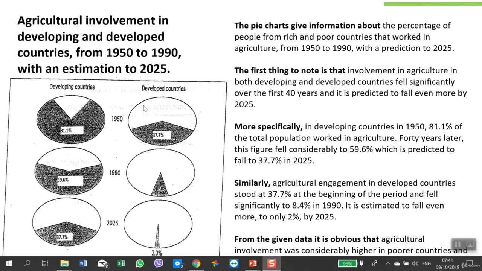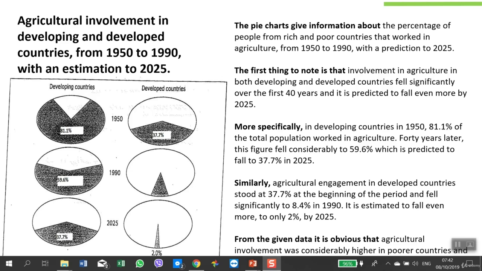So we finished talking about involvement in agriculture in developing countries. Now we move to developed countries, and we use a linking word, similarly, because the trend is downward again. So listen to this.